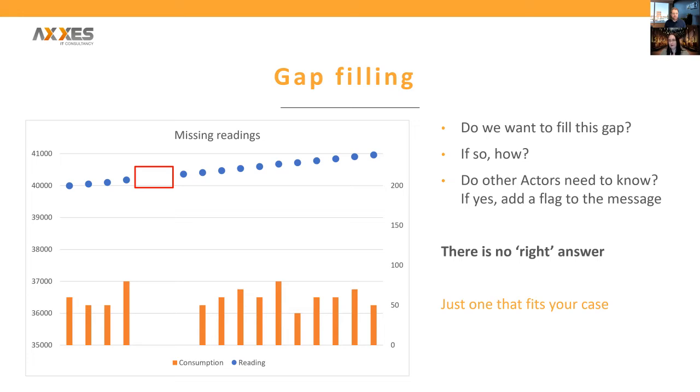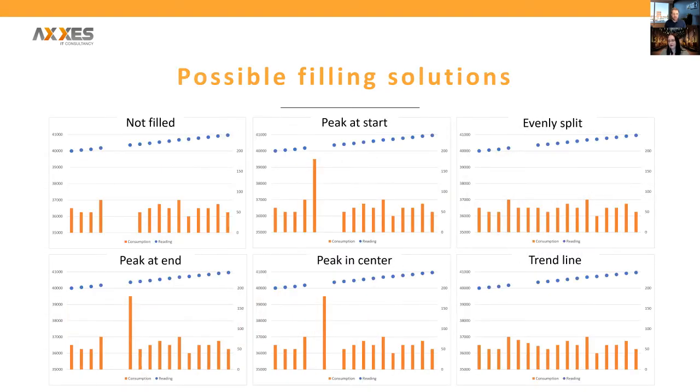If you look at this, these are like 6 different ways that I could come up with very quickly how you can fill this. You can not fill it at all, and that means that your total sum will be off. Or you can put it all into one peak value. You can put it at the beginning of your time frame, or at the middle, or at the end. It doesn't really matter, but it's like one huge peak and it might trigger an alert.